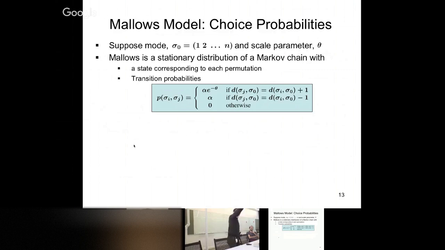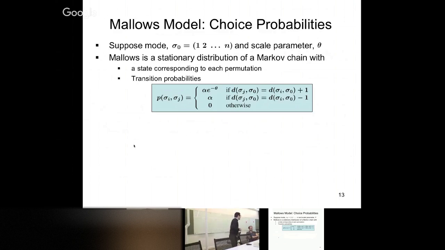The transition probability, if you are moving away from the mode, is e to the power minus theta, and if you are moving towards the mode, it's 1. And then appropriate normalization. Here the normalization alpha can be just 1 over n.